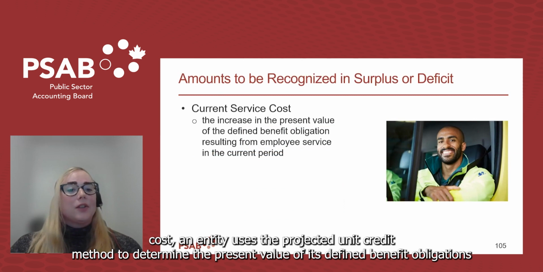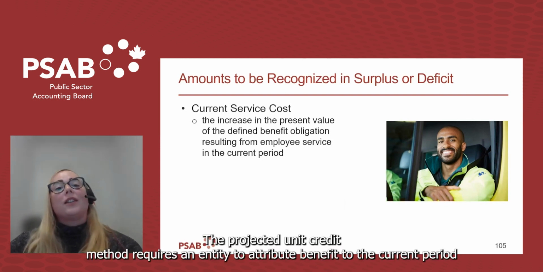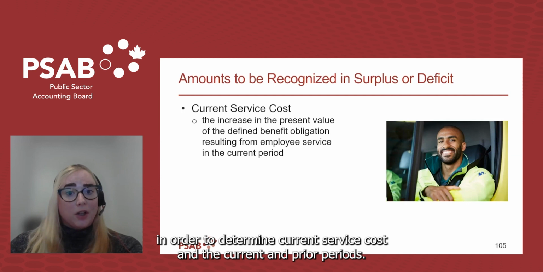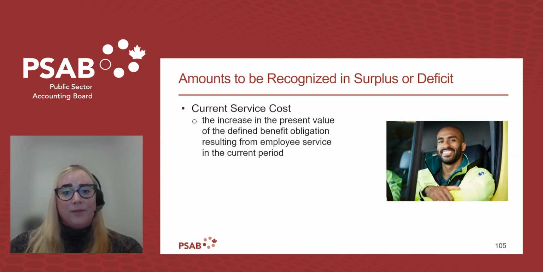An entity uses the projected unit credit method to determine the present value of its defined benefit obligations and the related current service cost, and again, where applicable, past service cost. The projected unit credit method requires an entity to attribute benefit to the current period in order to determine current service cost, and the current and prior periods in order to determine the present value of defined benefit obligations.